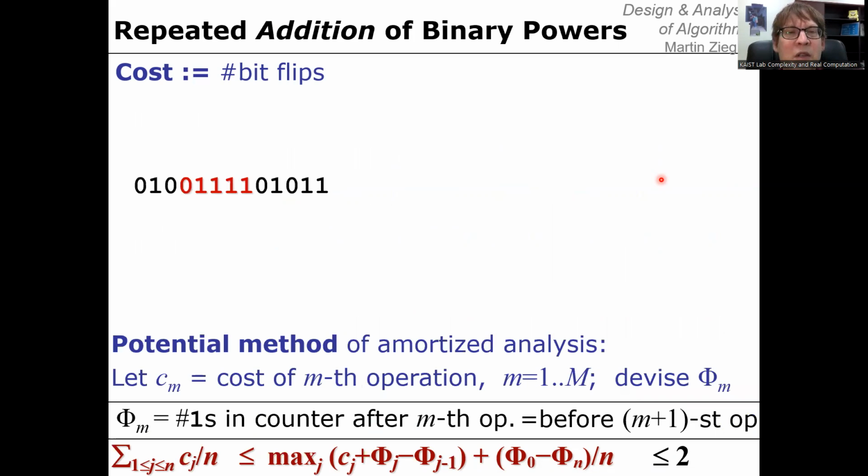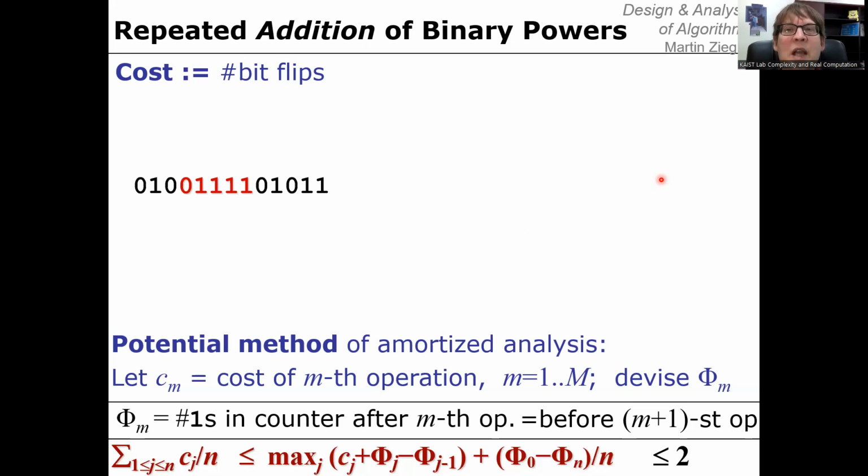Our generalization is repeatedly not only adding 1, but repeatedly adding arbitrary integral powers of 2. So maybe adding 2, then adding 4, adding 8, 16, then 2 again. Any sequence of operations that adds a binary power of 2.